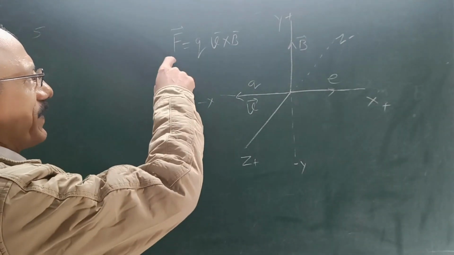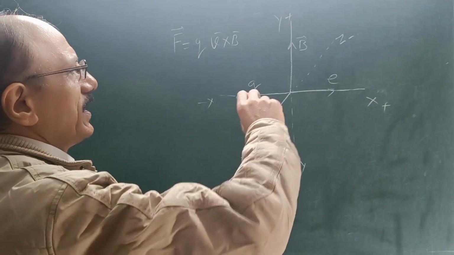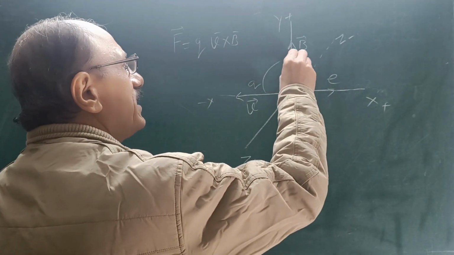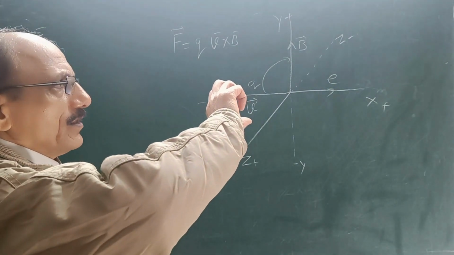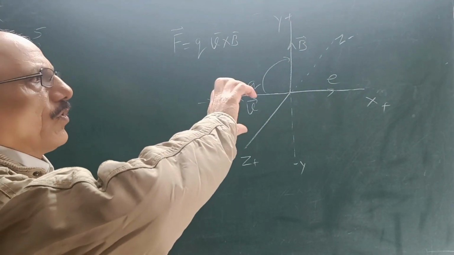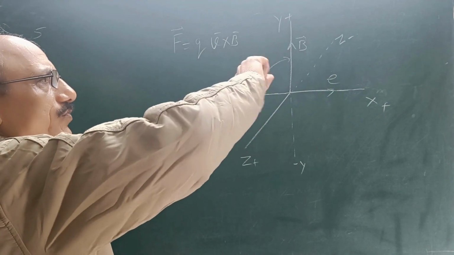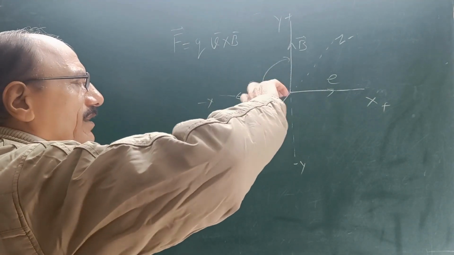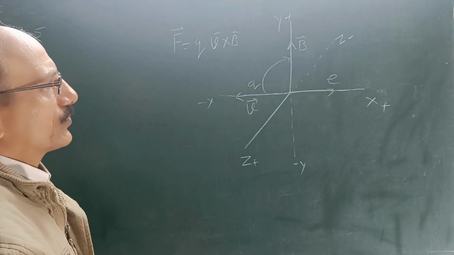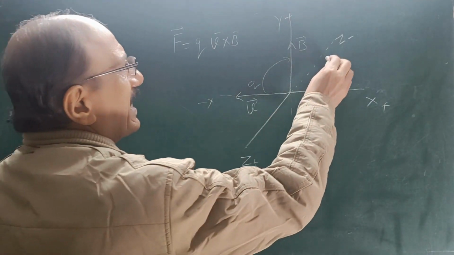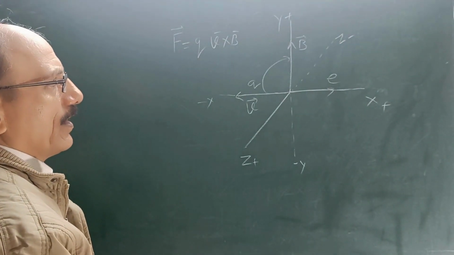And the direction of F is found by V cross B. So according to the right hand screw rule or cork screw rule, if we rotate this way, then the screw will advance into the paper, into the board. So the direction is negative z axis.